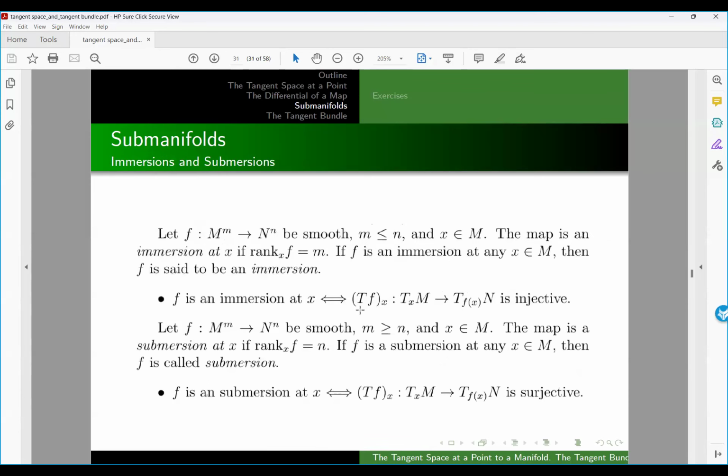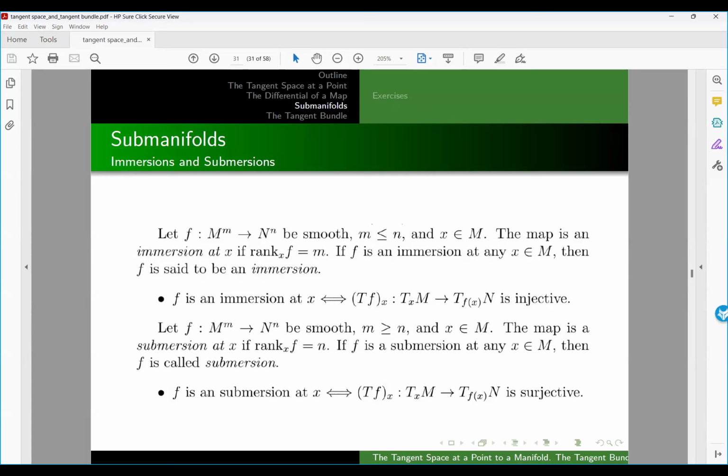Let's suppose that F is a smooth map between manifolds M and N with dimensions m and n. Suppose that the dimension of the domain M is less than or equal to the dimension of the codomain N. Then if the rank of F at the point x is exactly m, so the maximum possible, which is the minimum between m and n, then we say that F is an immersion at the point x. And like always, if F is an immersion at any point of the manifold, then it is said, shortly, to be an immersion.